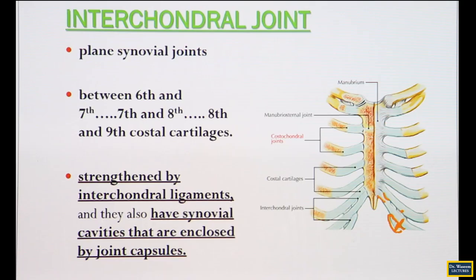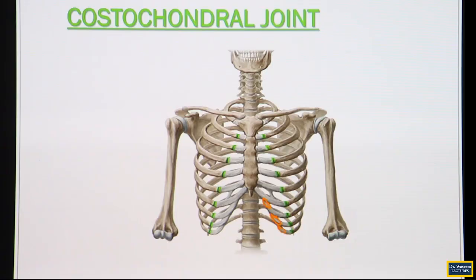These are the interchondral joints. They are plain synovial joints, and interchondral ligaments strengthen them. They have synovial cavities and capsules also, so they are not fused as such, they have a joint here.